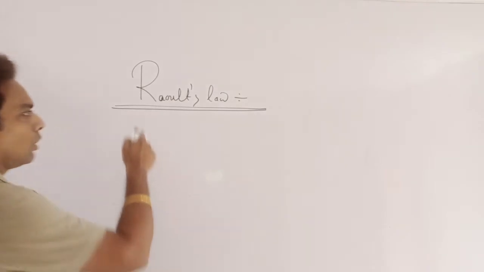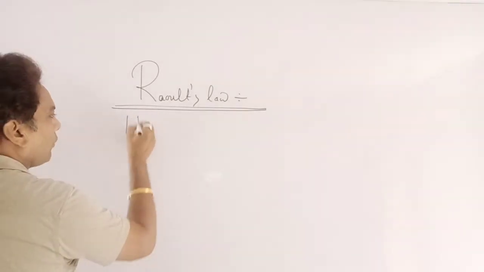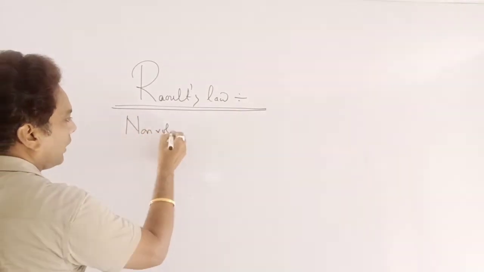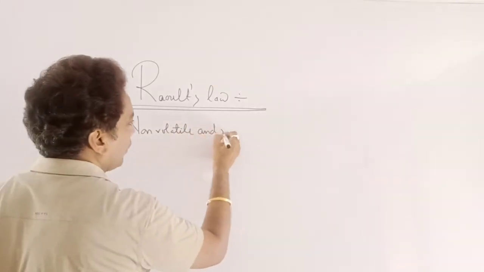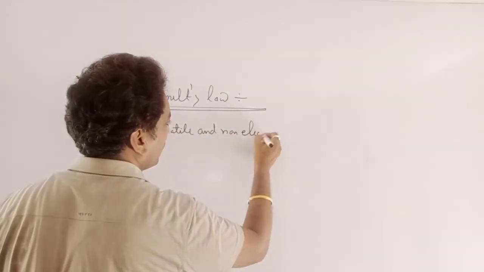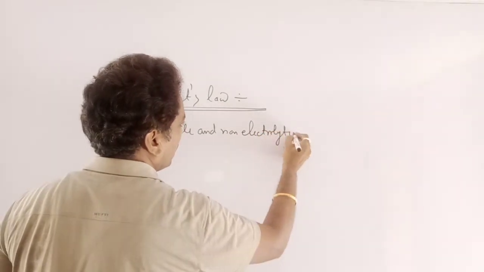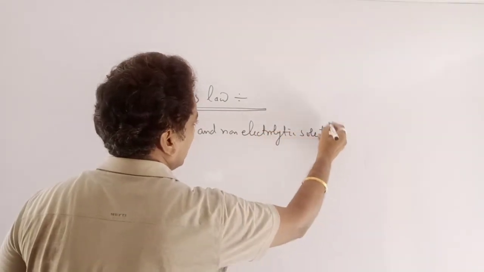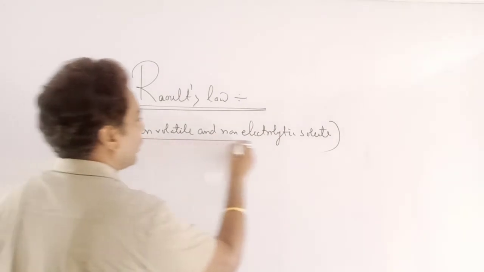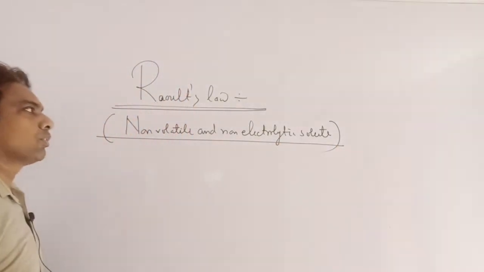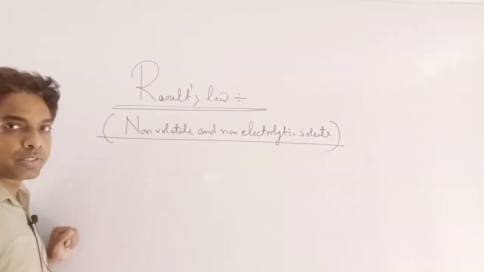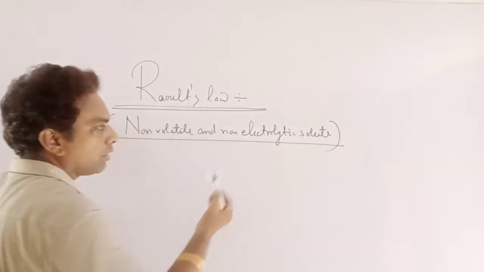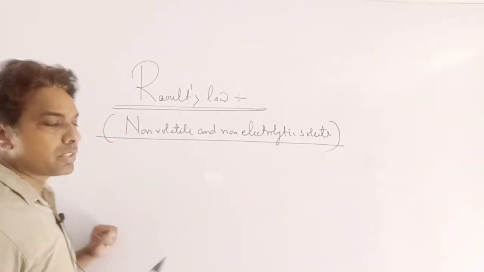Raoult's law is for non-volatile and non-electrolytic solutes. Non-volatile means which doesn't vaporize, and non-electrolytic means which doesn't ionize.